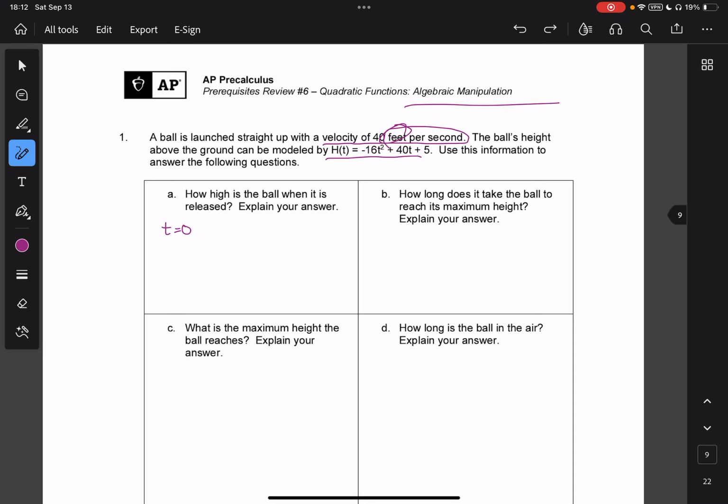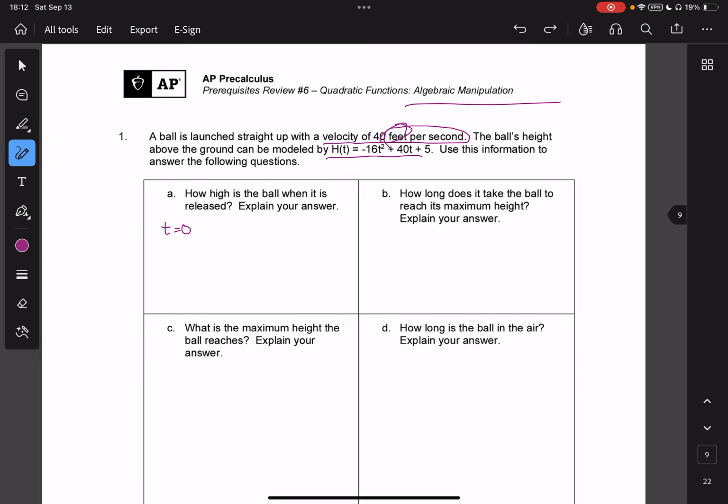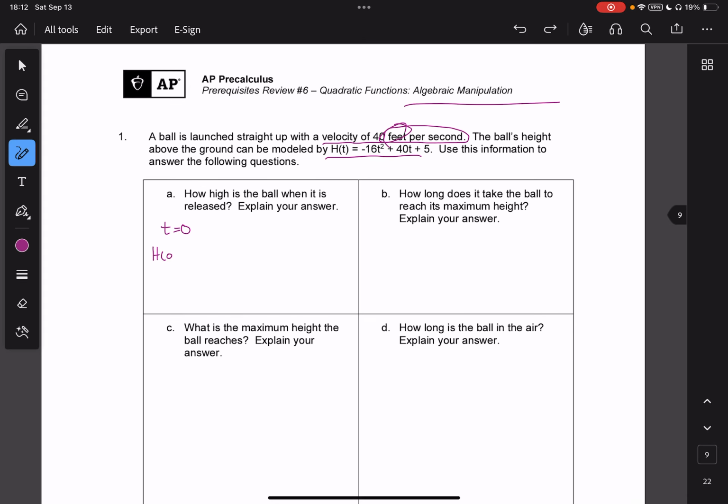So to figure out what the height of the ball is, we just set our h of t when our t is 0, and we solve. So every time we see t, we set it equal to 0. So when we're copying our equation from up here, negative 16 times 0 squared plus 40 times 0 plus 5.